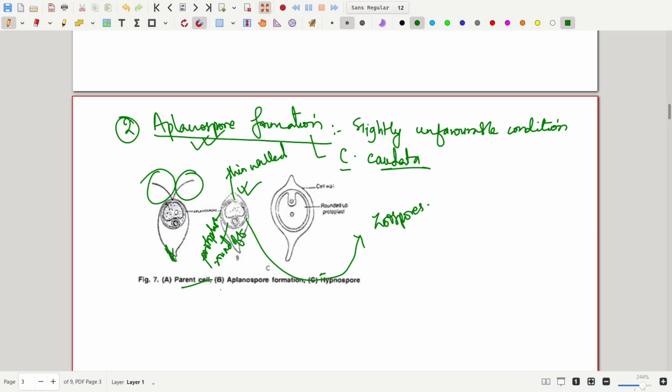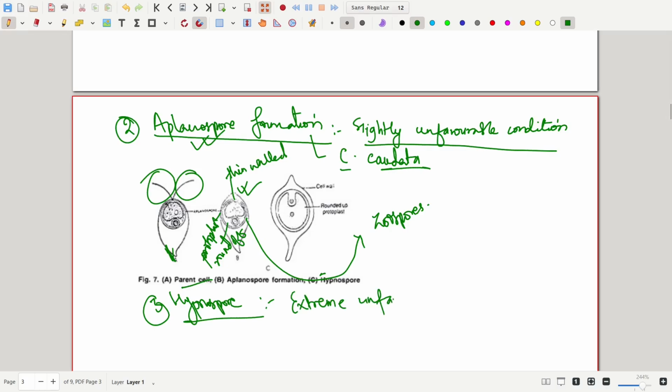Likewise, the third, that is formation of Hypnospore, is actually the same as the Aplanospore. Only the difference is that Aplanospore occurs in slightly unfavorable condition, while the Hypnospore formation takes place in extreme unfavorable conditions, where the same thing happens, except a thick walled cell forms around the protoplast.